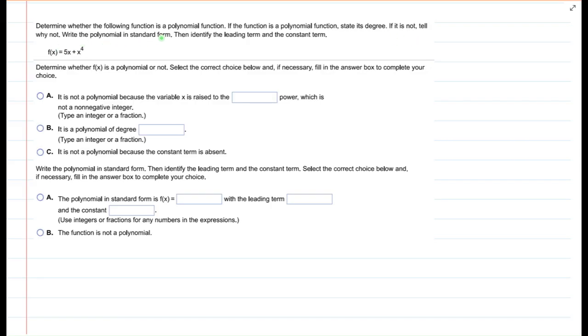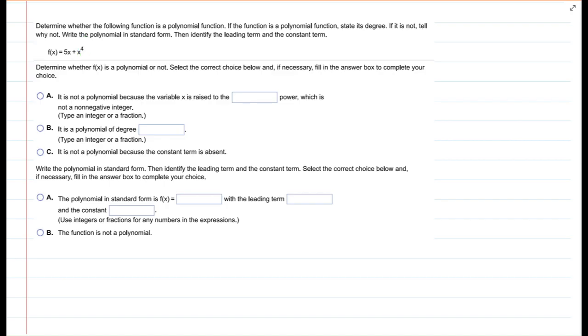Write the polynomial in standard form, then identify the leading term and constant term. Look at the function. It's 5 times x to the power 1 plus x to the power 4. What are the exponents of x here? One of the exponents is 1 and the other one is 4.